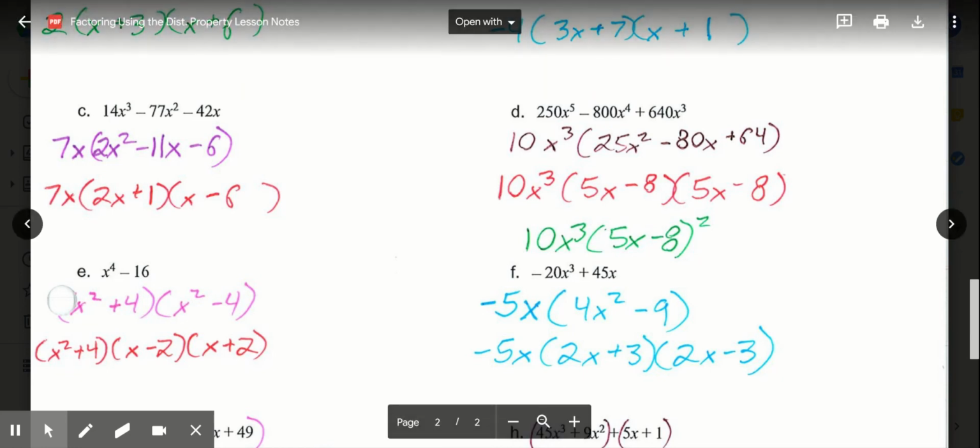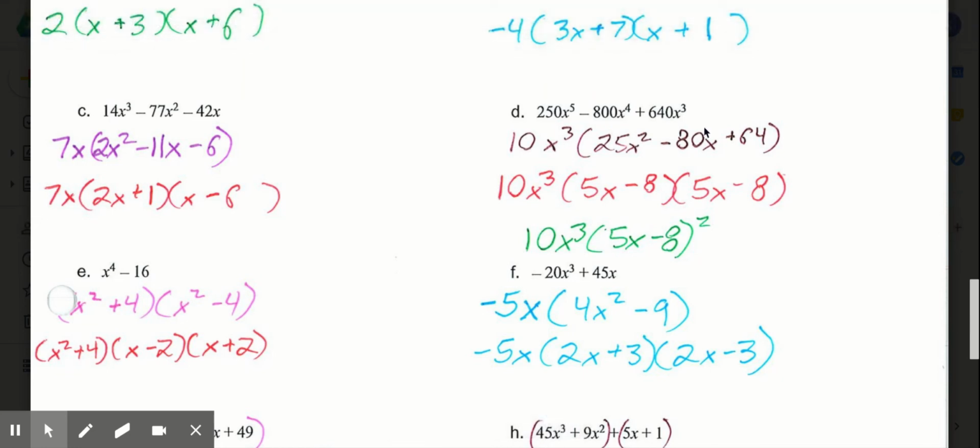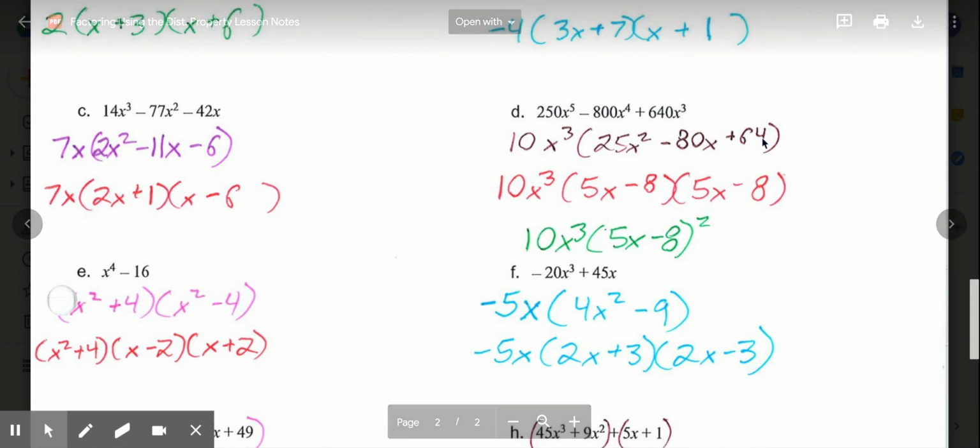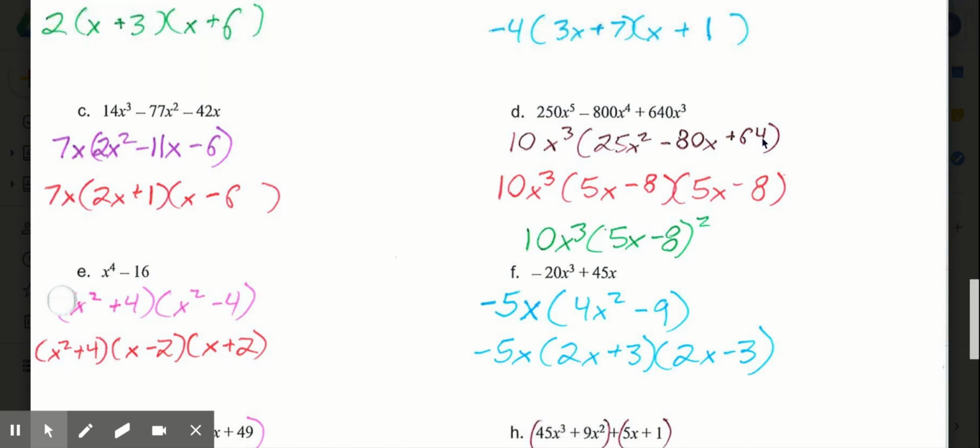D, 3 terms again, factor out the GCF. So all those terms can be divided by 10x to the third. Leaves us on the inside with 25x squared minus 80x plus 64. In that case, 25x squared and 64 both are perfect squares, so I have a perfect square trinomial.